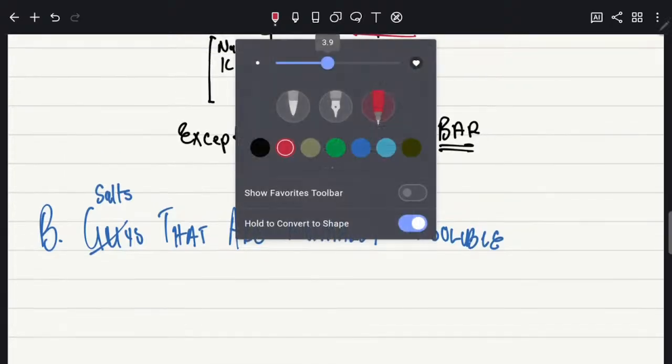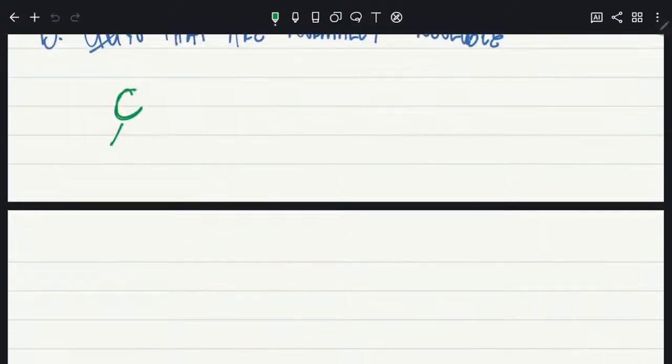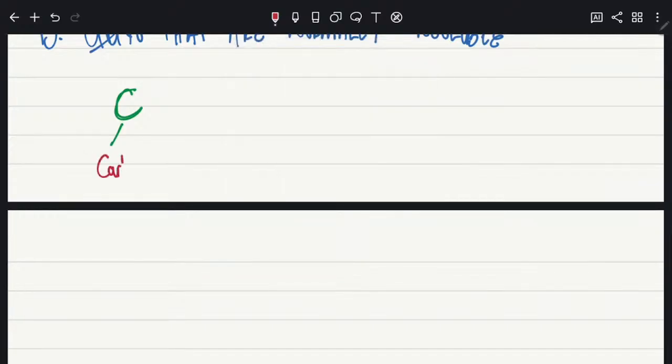I'm going to say here, say C. This is carbonates and chromates. Two of them. This only happens with C, okay?